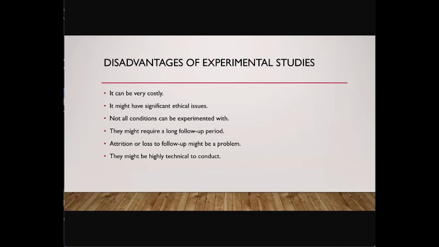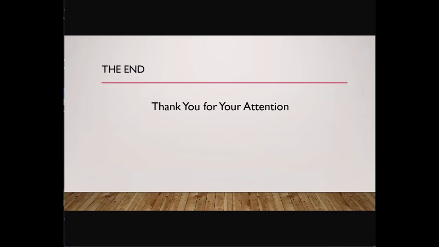That is why there is quasi-experimental. There are some where it's not possible to do experiments, so you do a quasi. They might require a long follow-up, just like cohorts. Then attrition or loss to follow-up might also be a problem. They might be highly technical to conduct. So these are the disadvantages.